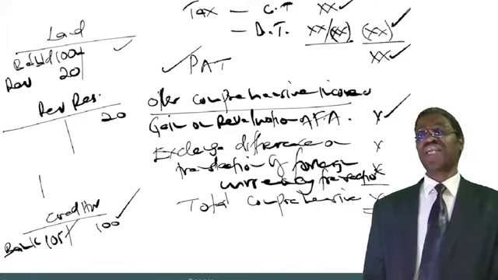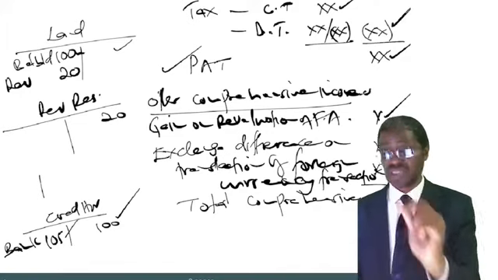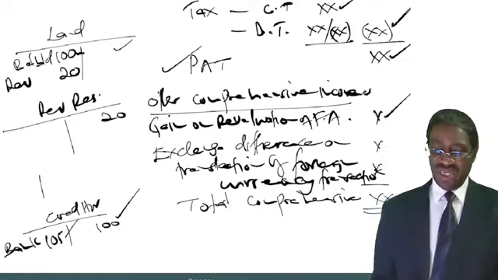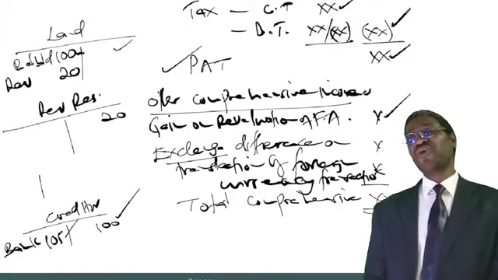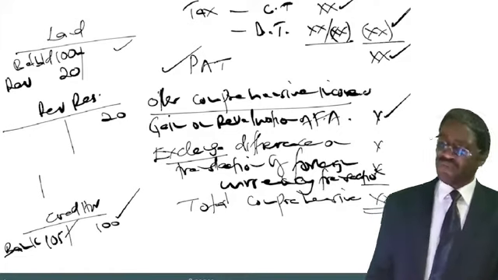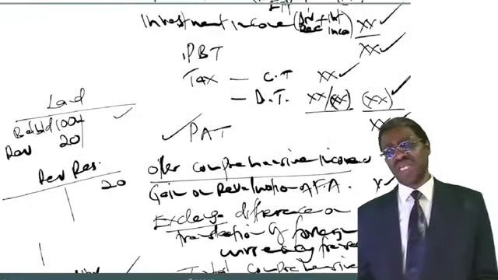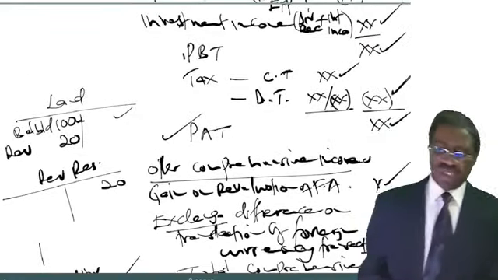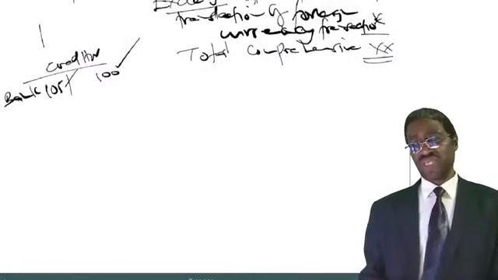One is a gain or loss on revaluation of fixed assets. 2, we have said an exchange difference on translation of foreign currency transactions. Good. So before we discuss the second item, or before we discuss any other item, let's maybe put down what we have already said.